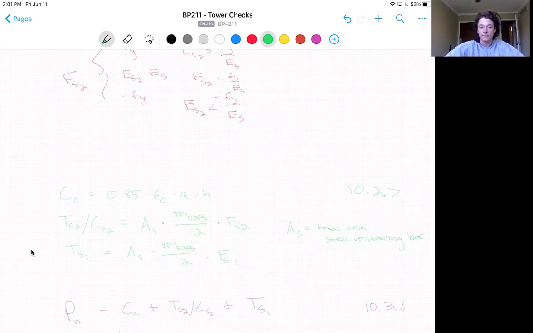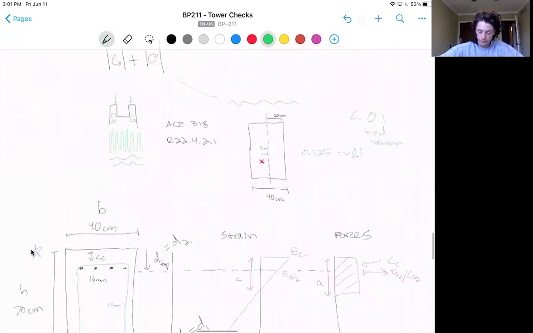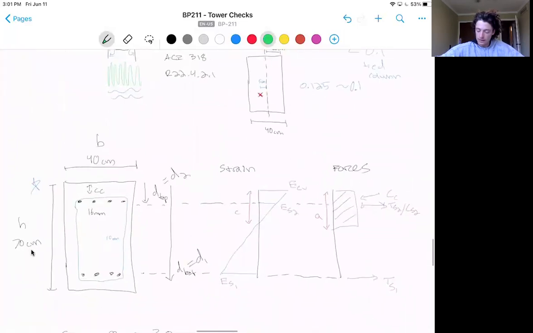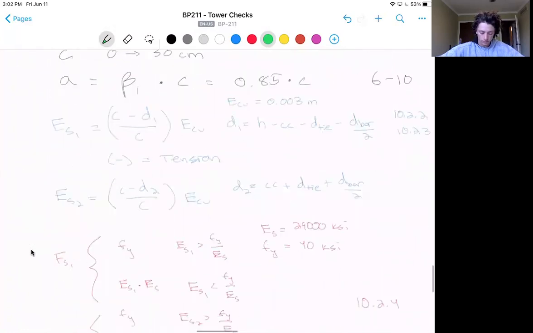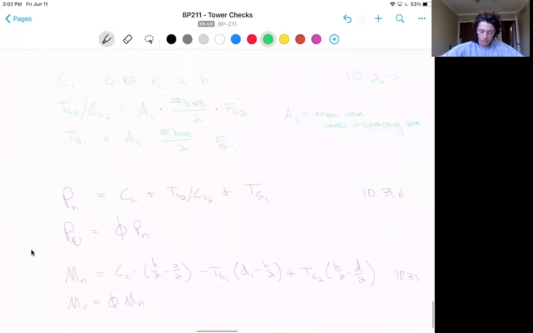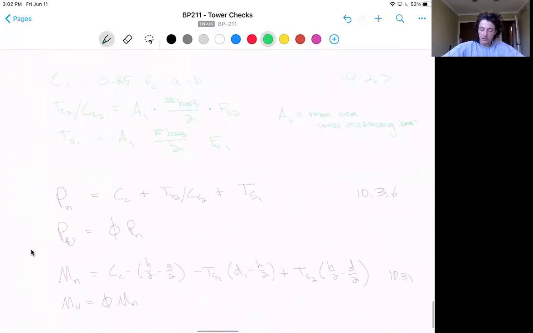To find our moment capacity, we'll take each loading, remember from the diagram above, CC, TS2 or CS2, and TS1, and multiply it by its lever arm. And that gives us the equation here that comes from 10.3.1.